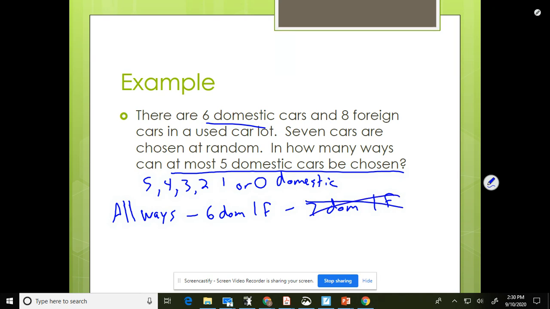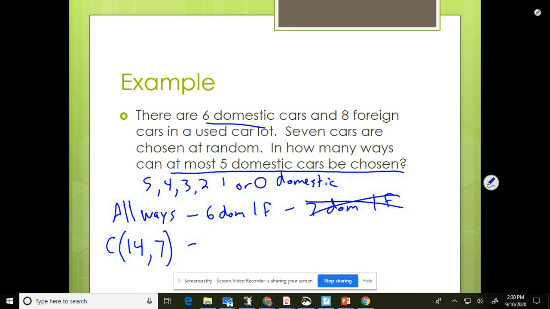So all we have to do on this is figure out all the possible ways, all the combinations of cars I can just pick, minus how many ways I can do 6 domestic and 1 foreign. That would be my 7 cars. So always, I have 14 total cars, and I am selecting 7. So that's all the possible combinations of 7 cars I can pick, minus what we don't want.